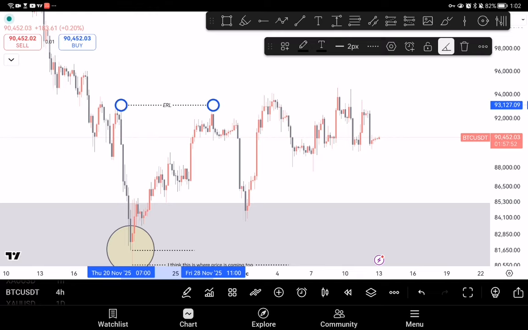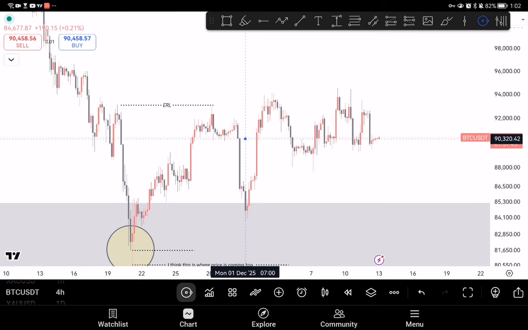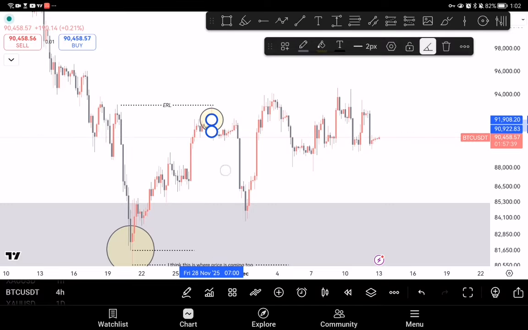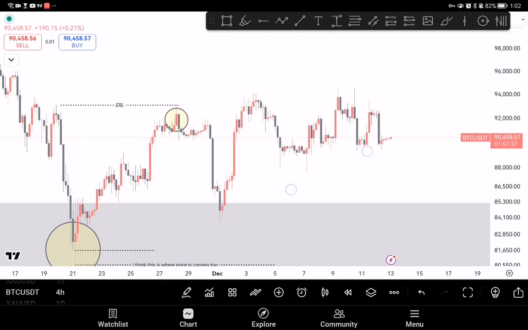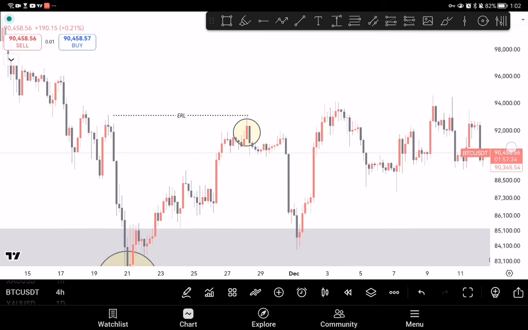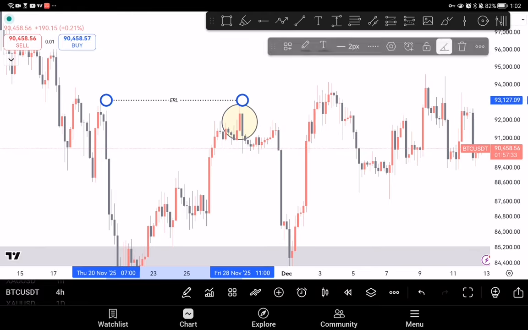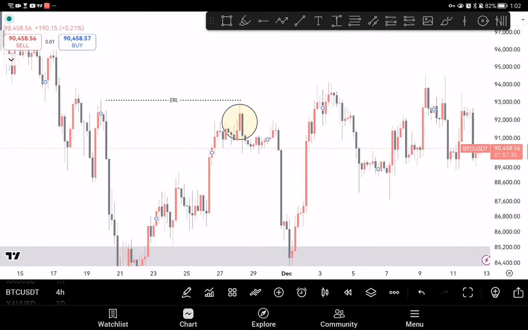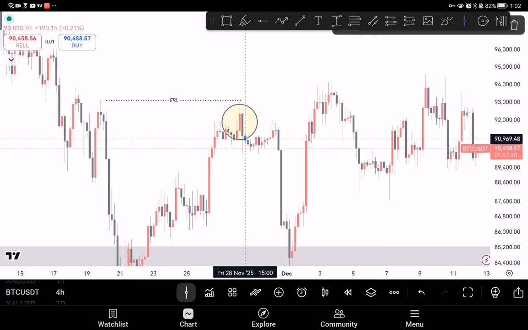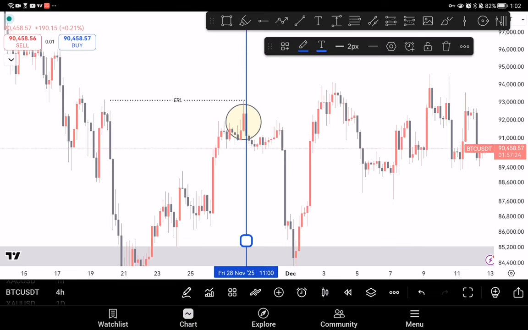And the next question I'm asking myself again is, do we have a CRT formation? If I look very well from this zone here, there is no CRT formation. Why am I saying there's no CRT formation? Because the candlestick that took out this high did not have any CRT formation. This is the second candle after the high got swept, or the external range liquidity got swept.